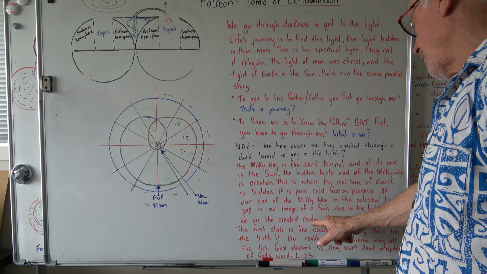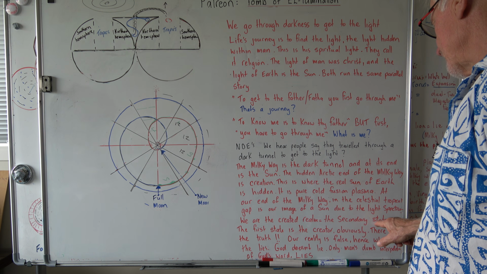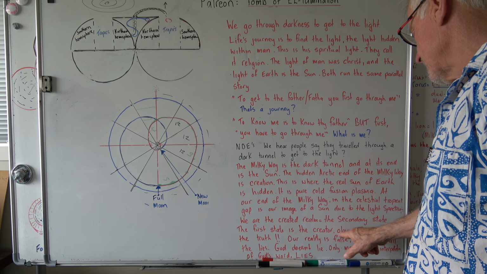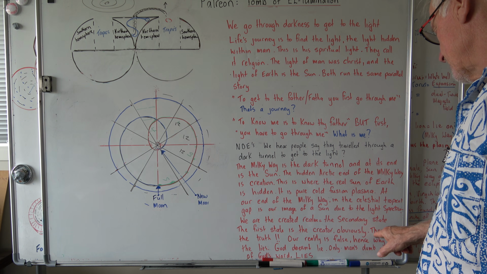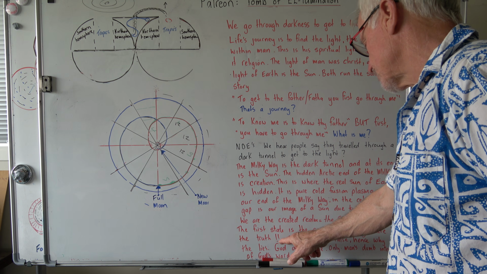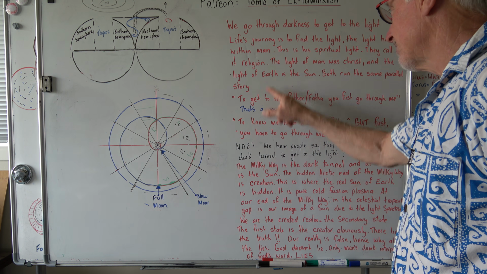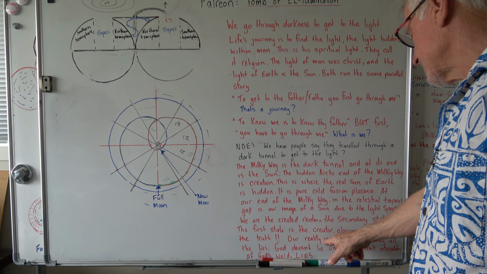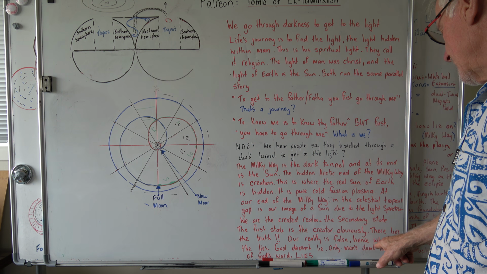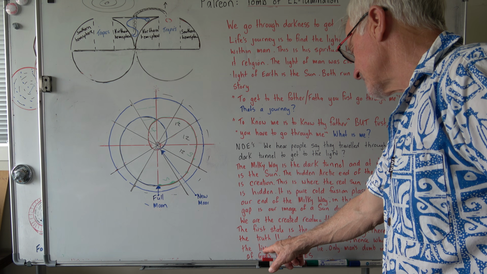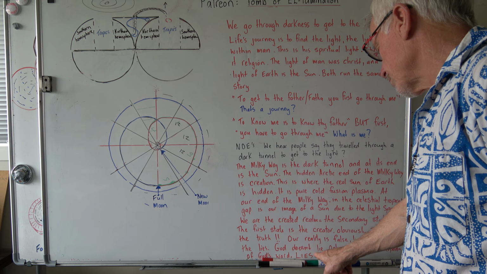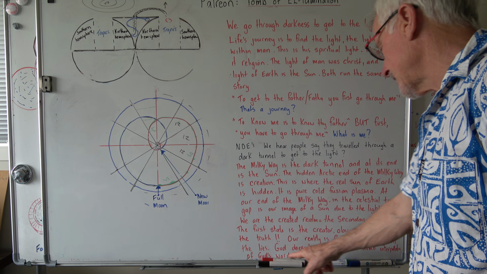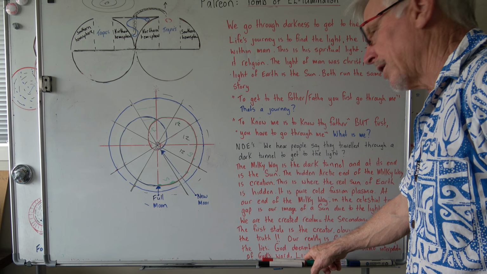We are the created realm, the secondary state. The first state is the creator, obviously. There lies the truth, finding your way back to the truth. Our reality is false, hence why all the lies. God doesn't lie. Only man's dumb interpretations of God's word lie.